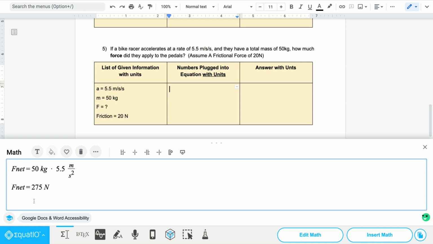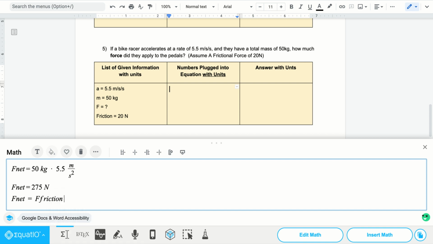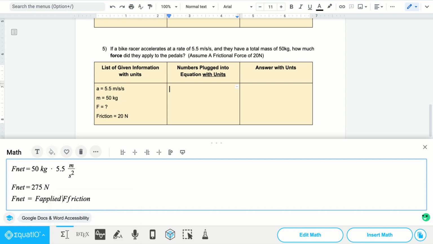The net force is equal to the force that the biker applies, so I'm going to call that the applied force, plus the frictional force, while keeping in mind that friction is in the opposite direction from the applied force.